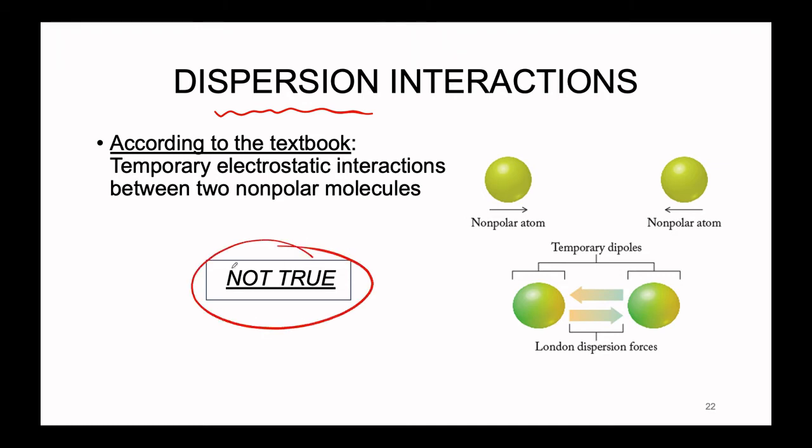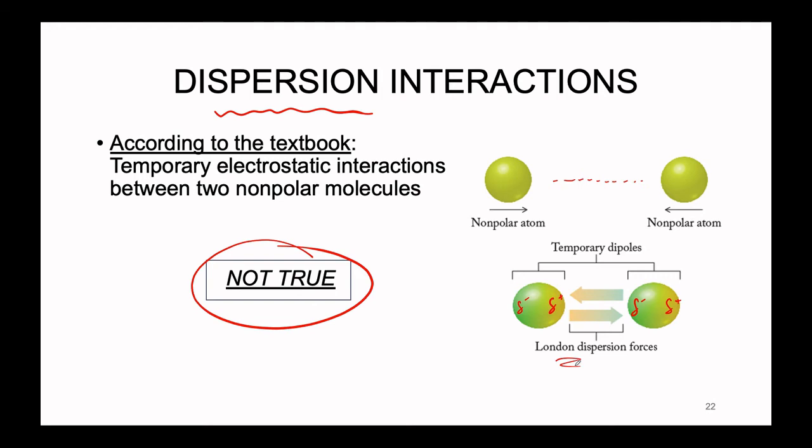As a brief example, if one nonpolar atom were to come into contact with another nonpolar atom, the way the textbook describes the potential intermolecular force that would hold these two things together is by saying that one of these nonpolar atoms will spontaneously gain a partially positive end and a partially negative end. This will cause another nearby nonpolar atom to respond, and its electrons will move accordingly, so we have negatives and positives coming together, and this is what they describe as a London dispersion force.